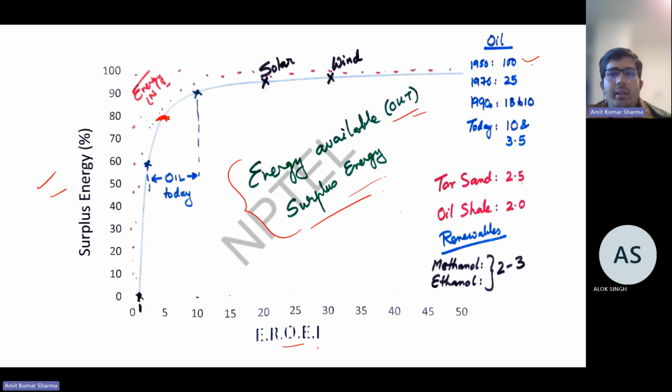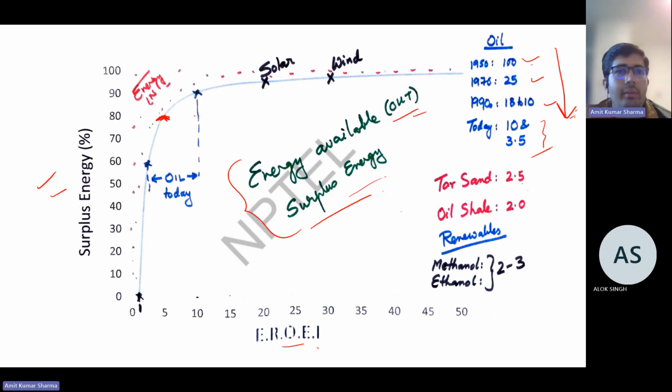You just dig a small hole in the oil fields and you will get the oil. So you don't have to put in so much energy, like no energy at all. That's why all the energy is available to you. So it was 100. Then in the 60s, 70s, it was 25. Then in the 90s, it was 18 to 10. And today it is around 10 to 3.5. Okay. So you can see the decreasing pattern.